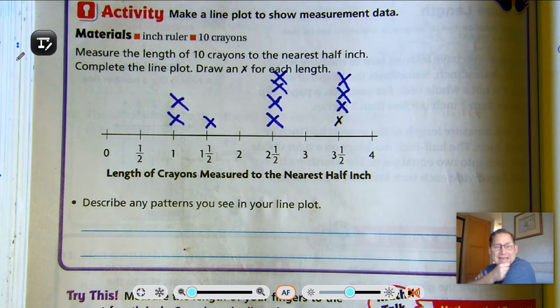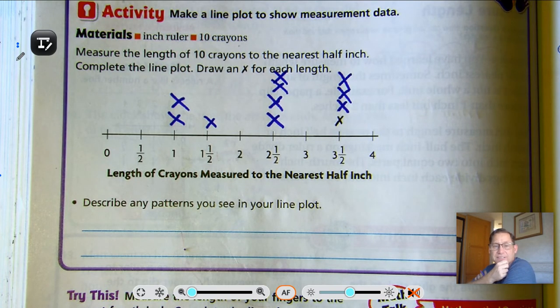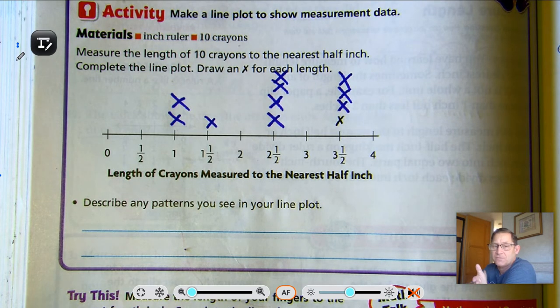All right. And the length of the crayons measured to the nearest half inch. Describe any patterns you see. Well, most of my crayons are 2.5 or greater.